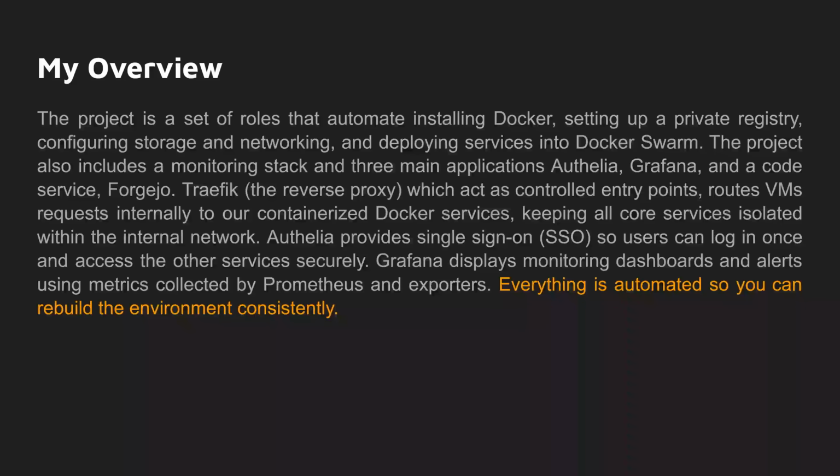So my overview of this project is that it is basically a set of roles, and these roles automate some tasks like installing Docker, installing dependencies, setting up private registry nodes, implementing a network and storage like NFS, and deploying services into Docker Swarm and taking advantage of Docker Swarm features.